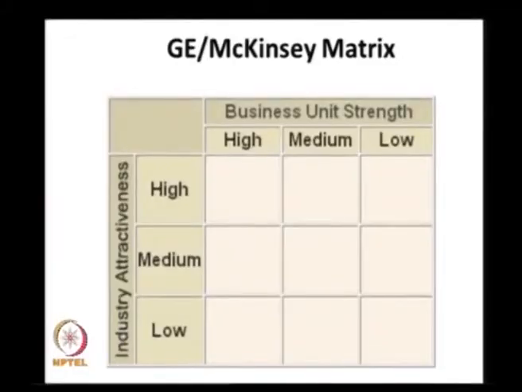The next matrix is the GE McKinsey matrix. This was developed by McKinsey for GE, which again uses 2 parameters: the business unit's strength and the industry attractiveness, the industry in which the business unit is situated, and then characterizes each business unit into 9 different categories: high, high medium, high low, and so forth.